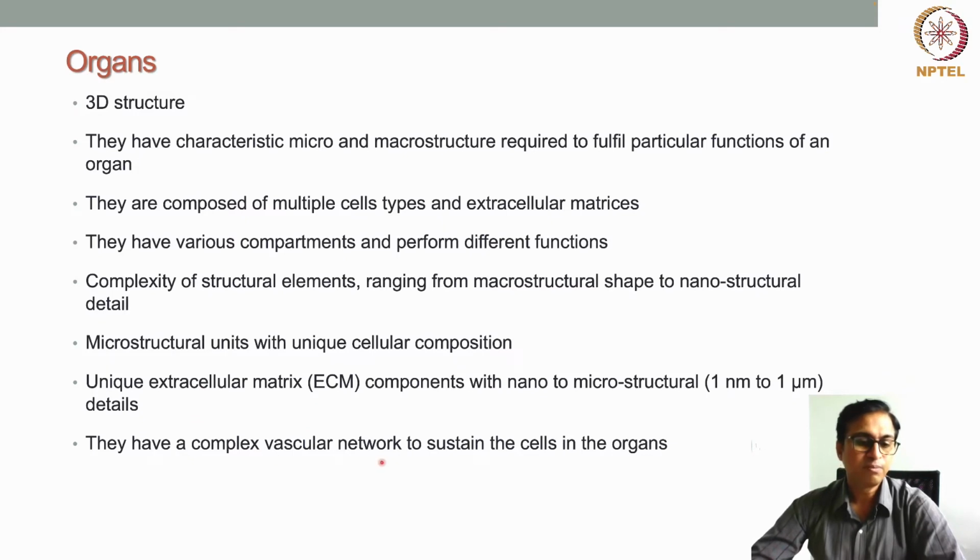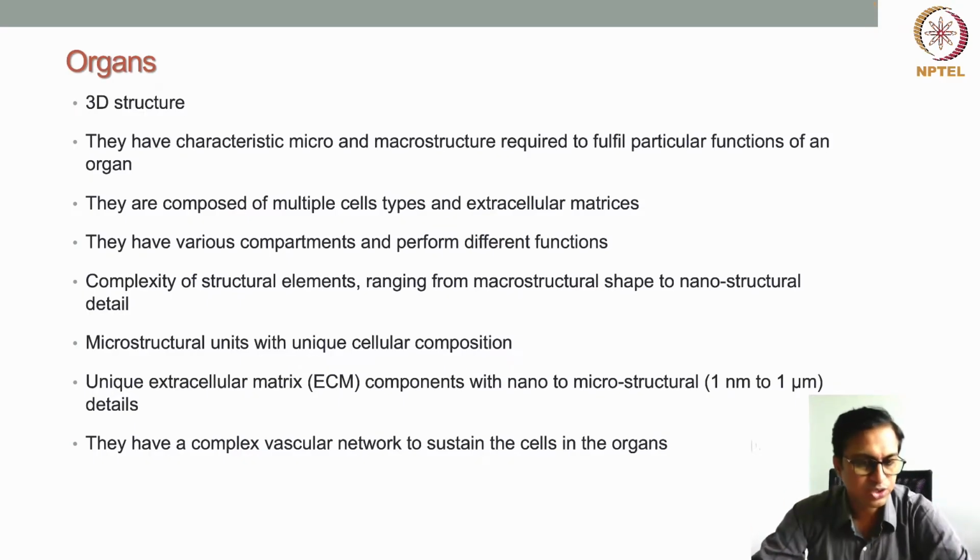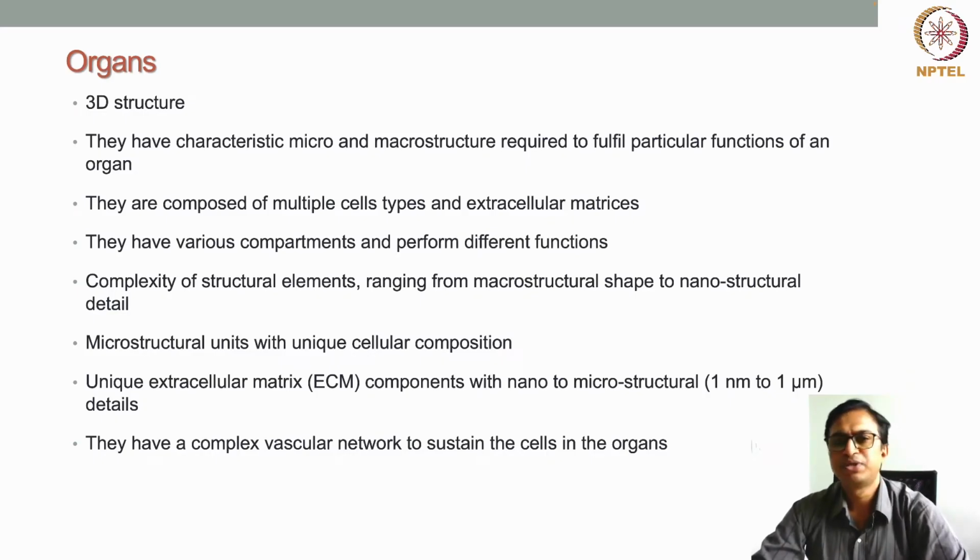So when you are trying to 3D bioprint an organ, we need to replicate that kind of vascular network in our bioprinted tissue or organ, so that the bioprinted construct can be sustained over time. The cells can be viable, they can perform their function, and the whole organ can be developed.